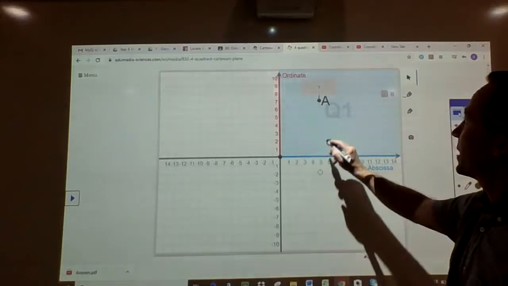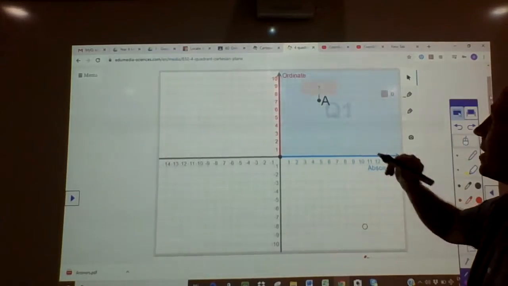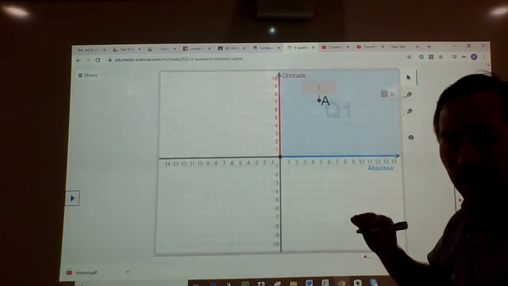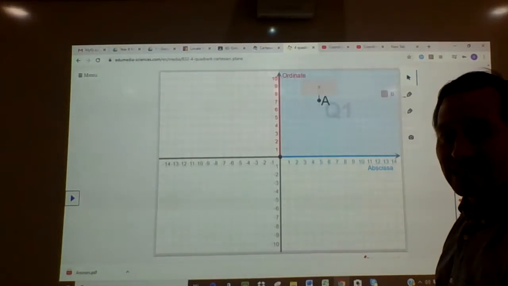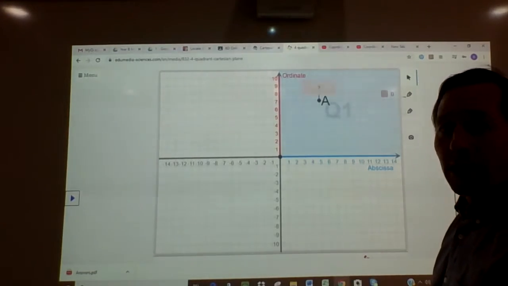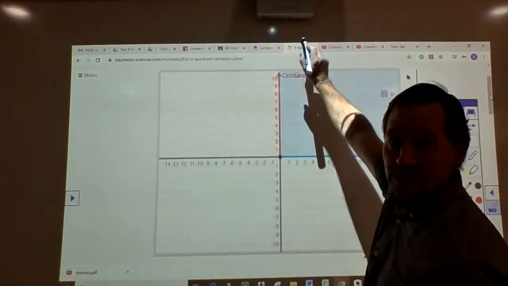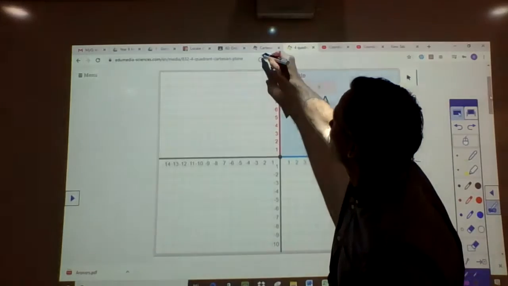So let's look at this one here. We've got an A as a coordinate point here. So now there's A. Do I go along the x-axis or y-axis first? If you remember watching that video, it's along the x-axis. And you remember x comes before y. So this is the x-axis, and the one going up towards the sky is the y. Okay, so remember sky.